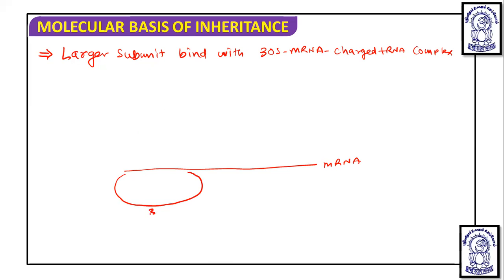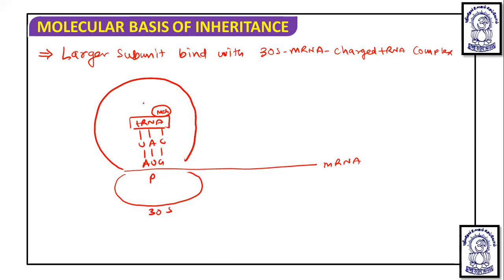This is the small subunit, that is the 30S subunit. This is the P site. This is AUG. The anticodon is UAC. The tRNA has a methionine, and the large subunit is going to be added. So this is the 50S subunit, and in eukaryote the 60S subunit gets added, and the small subunit, large subunit, mRNA, charged tRNA complex is formed. This is the initiation complex that is formed.